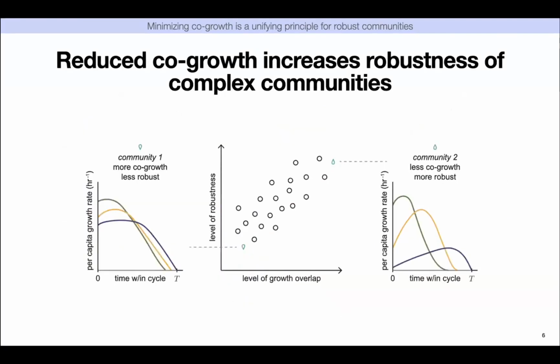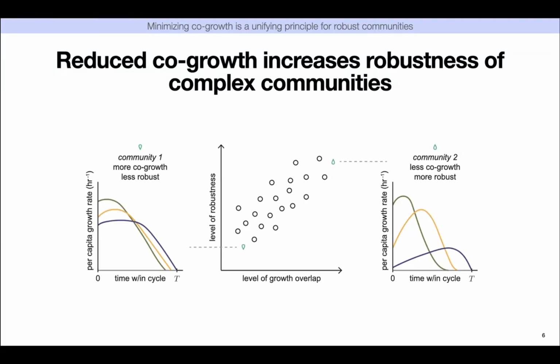I'll show you plots like this for multiple models, in which a single point on this scatter is going to signify one community with a particular set of parameters defining the interactions within a particular universe of interactions. For communities such as the one on the far left, you will have situations in which growth is more co-localized in time.